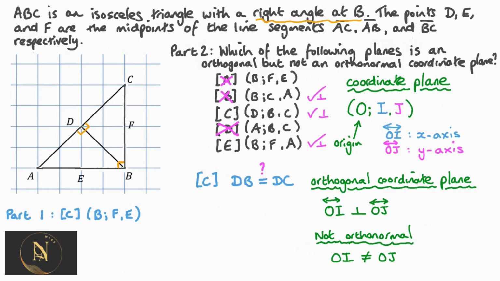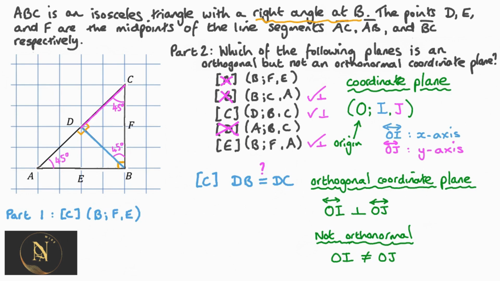Next, looking at option C, our unit lengths are the lengths DB and DC. And if we consider our triangles, triangle ABC is isosceles, so angle BAC is equal to angle BCA, and that's 45 degrees. And since the line segment DB bisects the angle ABC, which is 90 degrees, we have angle CBD is 90/2, and that's 45 degrees.